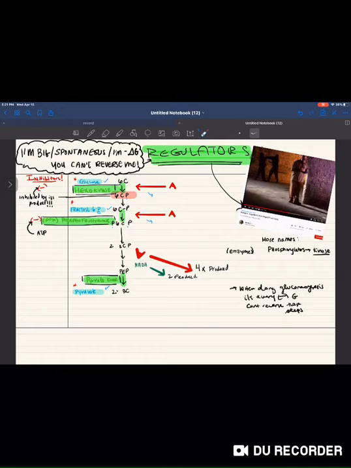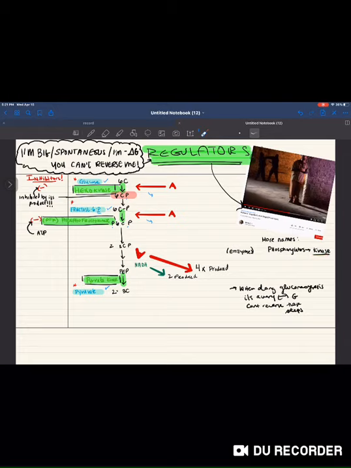So let's talk about the regulators. This first regulator in the process of glycolysis happens after this glucose molecule, and its name is hexokinase. Something important to express is that if you have a kinase, that means it's phosphorylating.